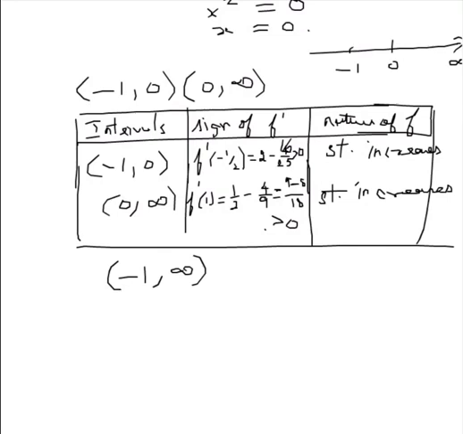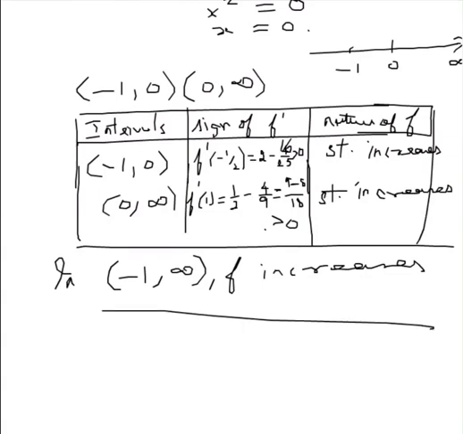Okay, so in this interval f dash is greater than or equal to 0. That's why I cannot use the word strictly. So in this interval f increases, I can say. I cannot use the word strictly because at 0 it becomes equal to 0. Okay, this is the answer. Because the answer is asking for increasing, you have to combine and give the answer.